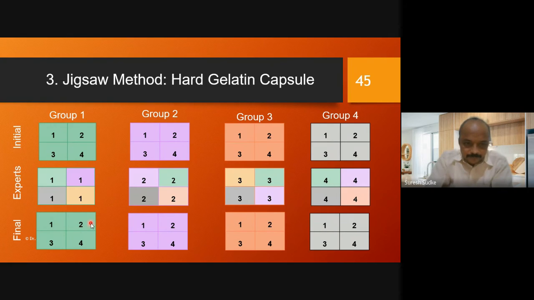The second went for the discussion on the second topic, the formulation part. The third one, green color, went for the discussion of manufacture of hard gelatin capsule. And the fourth student went for the discussion on the evaluation and application.